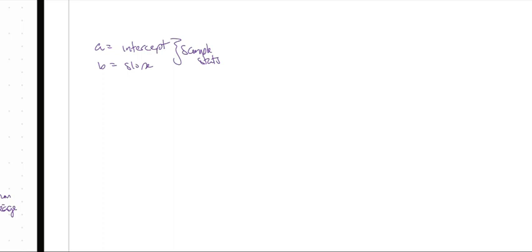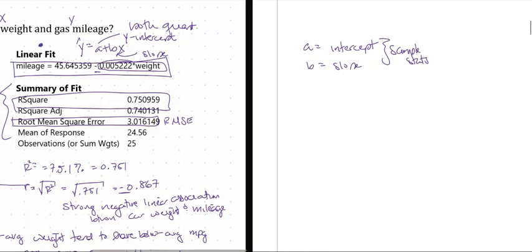So let's interpret this slope. Our sample slope here is b equals negative 0.0052, and I'm going to leave it there just so that we're not dealing with too many decimal places.